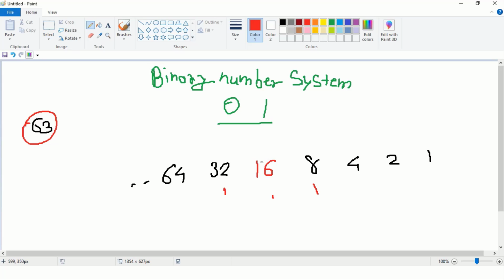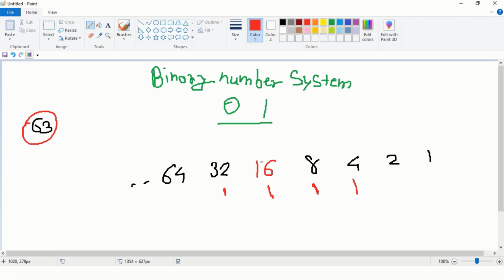So we'll take 32 plus 16 will become 48. 48 plus 8 is 56. 56 plus 4 will become 60.